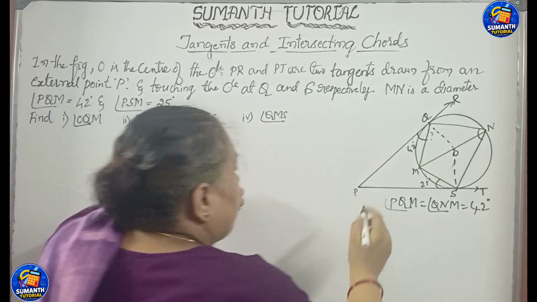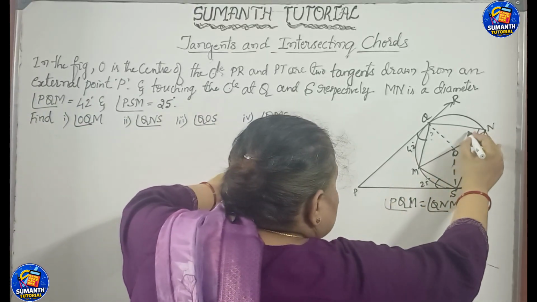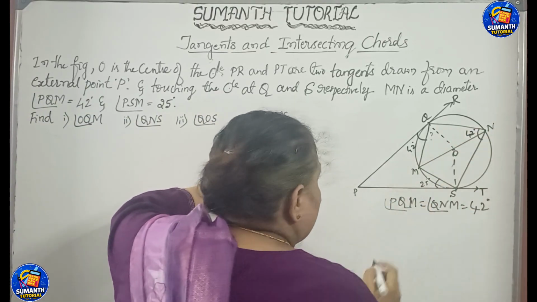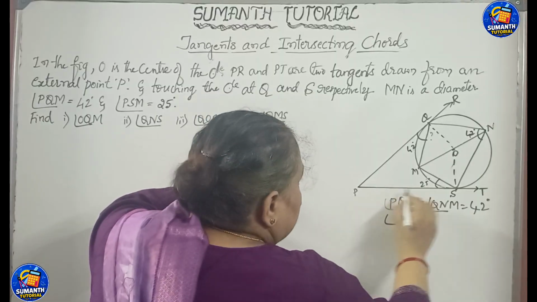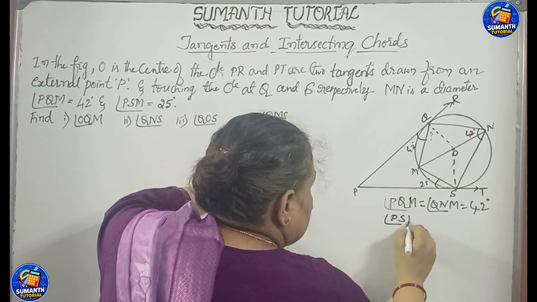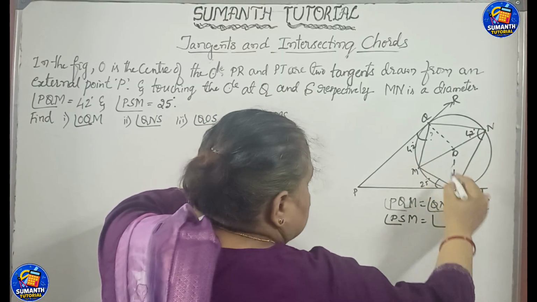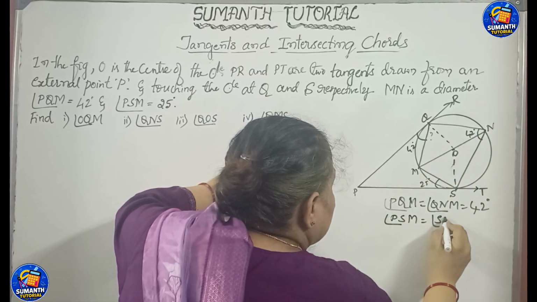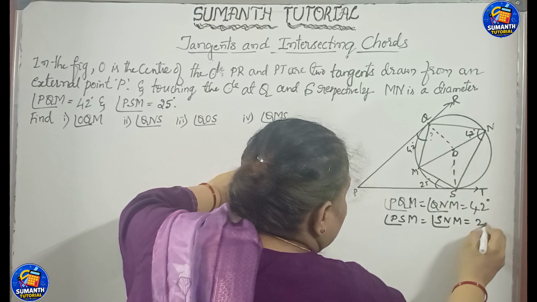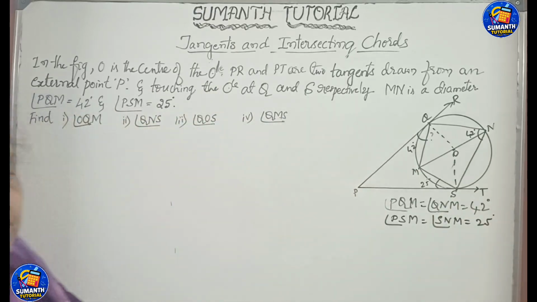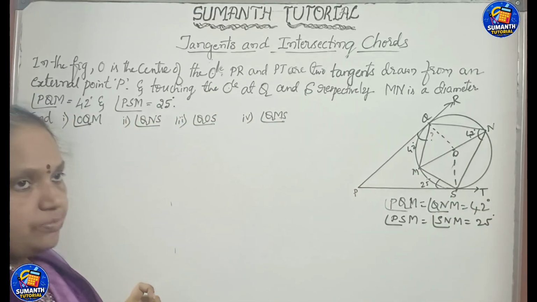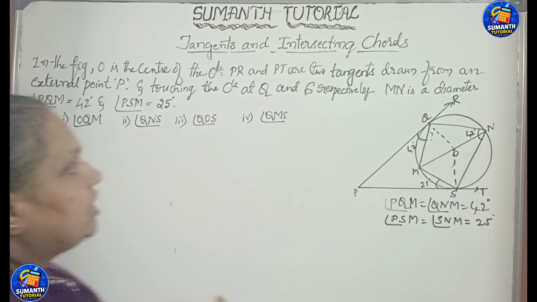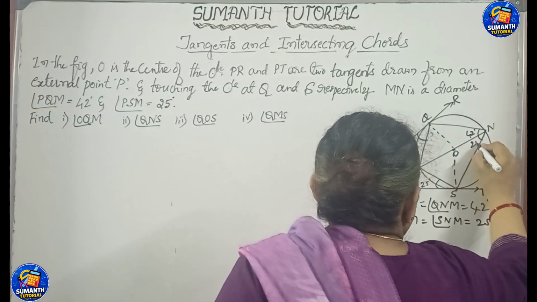Remember that. And same thing, angle PSM is equal to angle SNM. So SNM is equal to 25 degrees. Remember that, based on the alternate segment theorem. Now children, this is also 25 degrees.